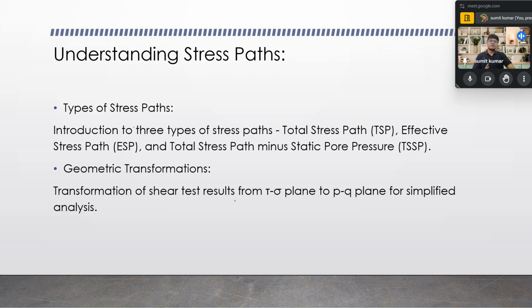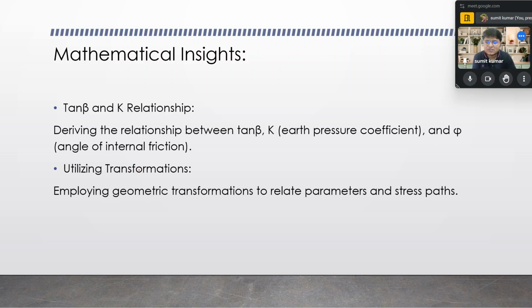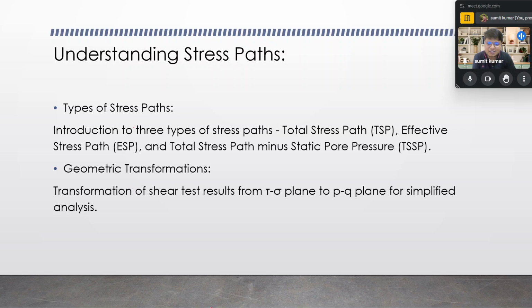When we talk about the geometrical transformation, the transformation of shear test result from the tau-sigma plane to the PQ plane for simplified analysis is the stress path. When we talk about the stress path, I will draw it for you. When we plot the PQ curve, this is Q and this is P. You know sigma 1 and sigma 3 exactly.